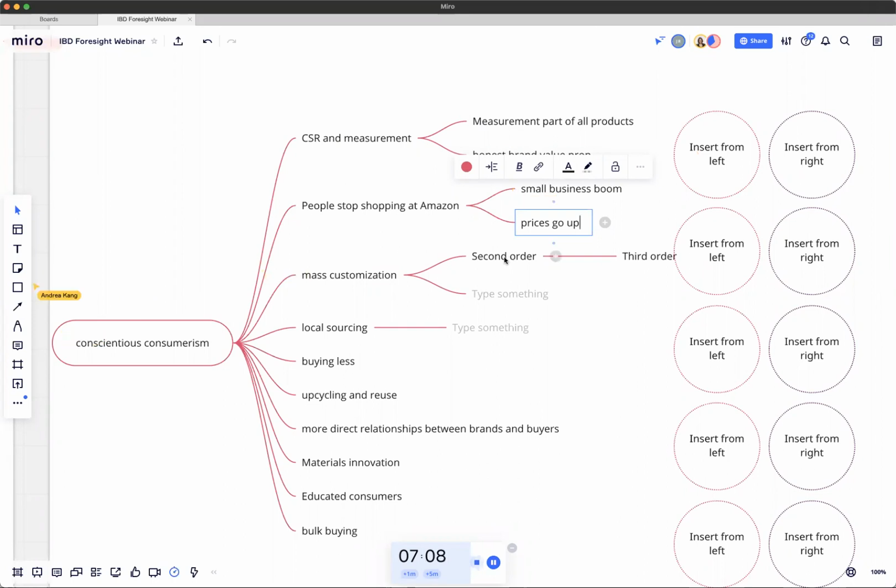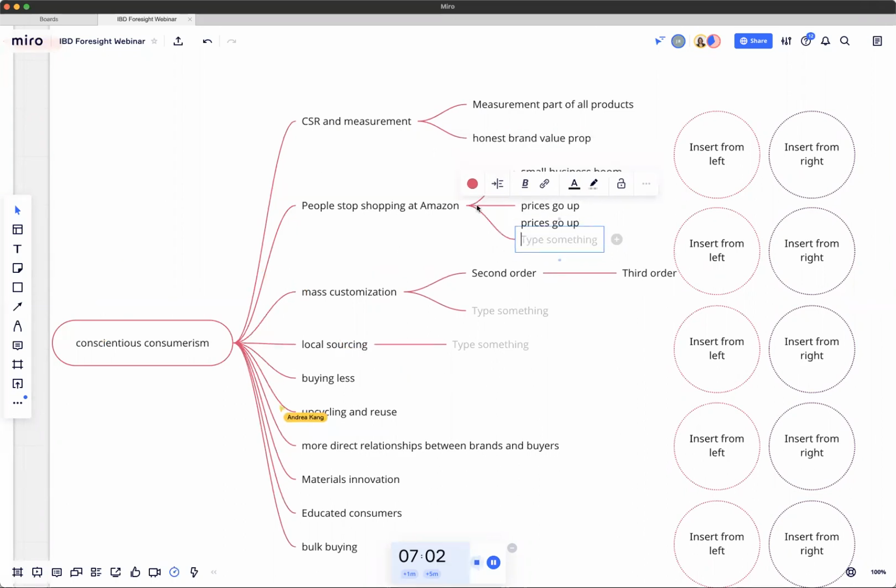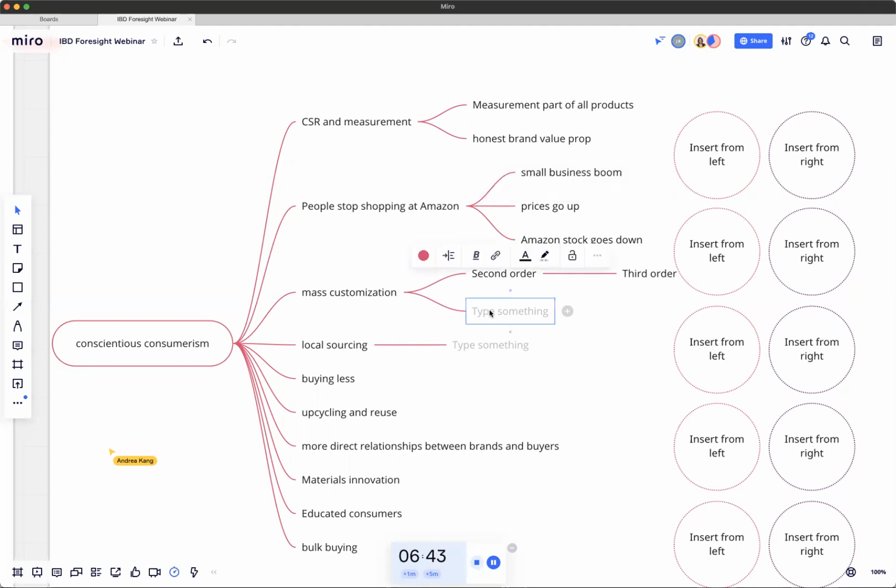What about mass customization? Any thoughts about what happens after we have mass customization? Reduced access is an interesting point. Difficult to resell things for mass customization. That's interesting. Kind of creates a different type of life cycle. Yeah, higher prices because it's customized.